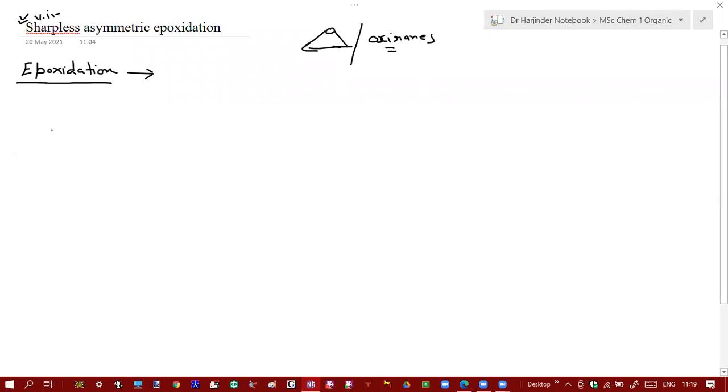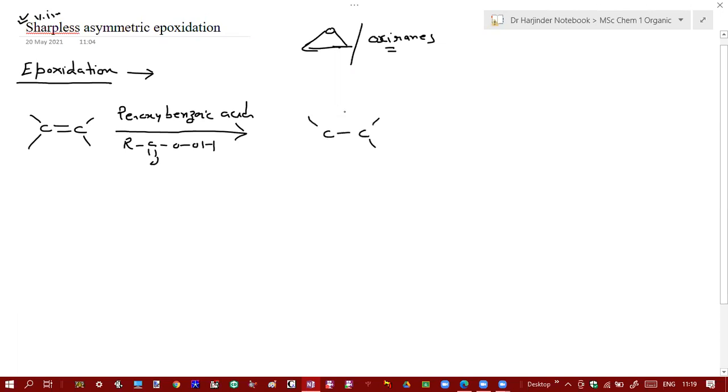Now, if you have a very simple alkene, you can perform its epoxidation by its reaction with peroxybenzoic acid. So if you treat it with peroxybenzoic acid, that is RC double bond O OH, then addition of this oxygen takes place across this double bond and you get epoxide plus acid.